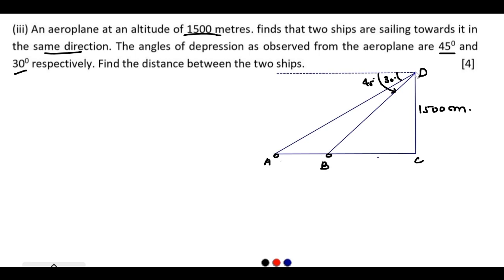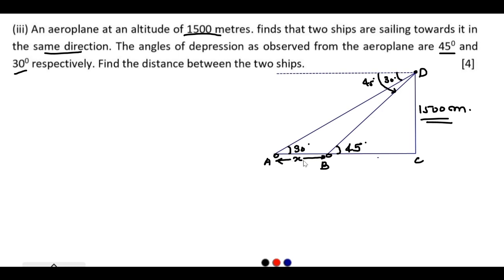Suppose the aeroplane is at point D at an altitude of 1500 meters and A and B are two ships. First angle of depression 45 degrees, second angle of depression 30 degrees. Now if this angle is 30 degrees, then this is also 30 degrees and this is equal to 45 degrees. We have to find the distance between the two ships A, B. Let it be x.